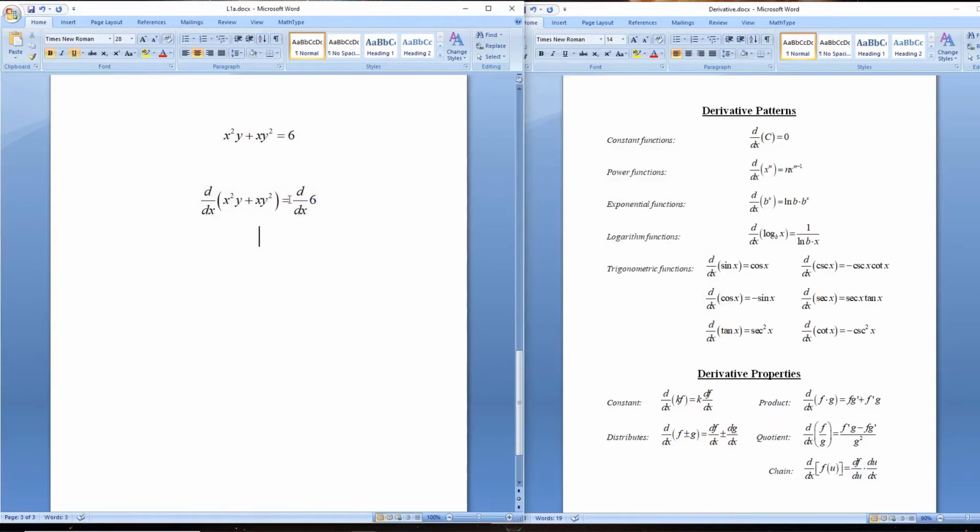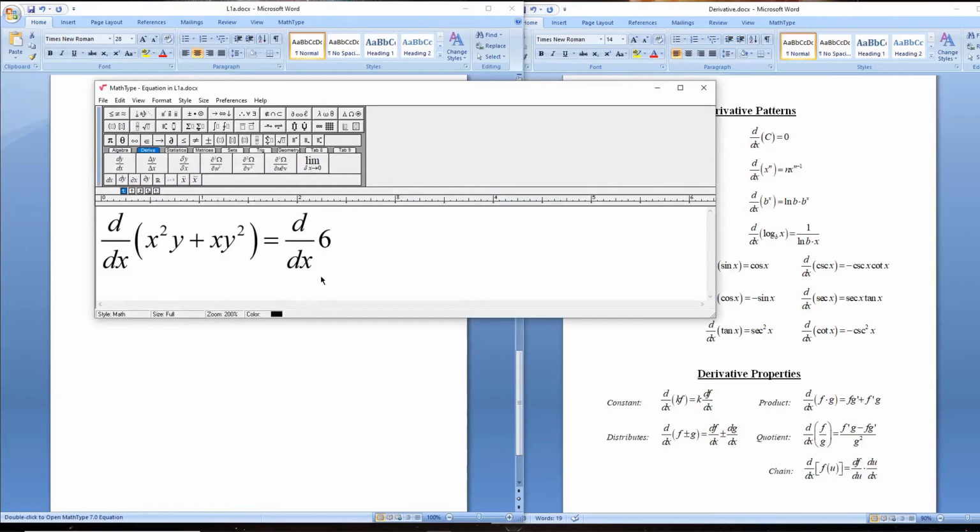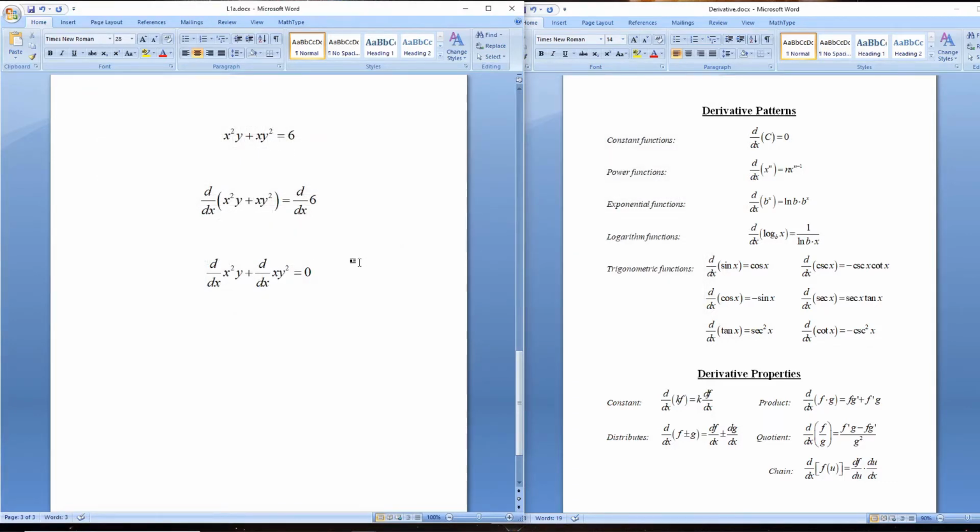And if you like to write stuff out, that'd be a good first step to write. And the derivative of a constant is 0. And then the derivative here, I will distribute into the parentheses here. And now that I've distributed, I don't need those parentheses anymore. And there's a good second step.